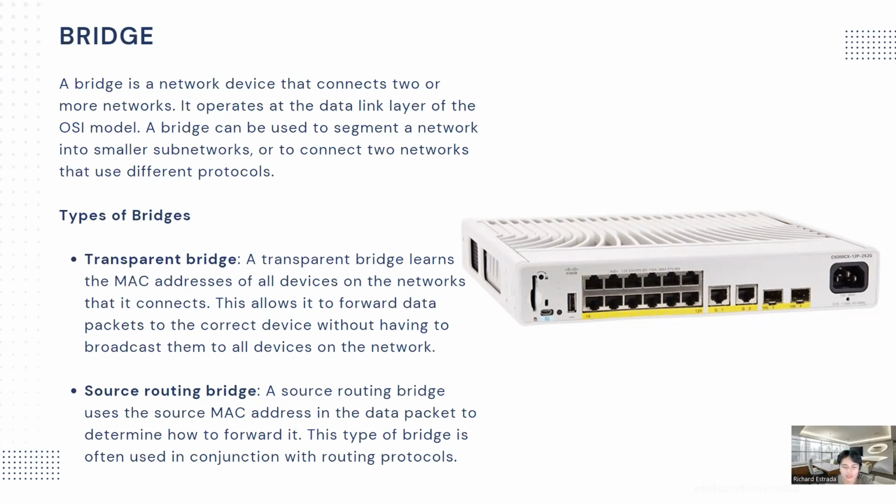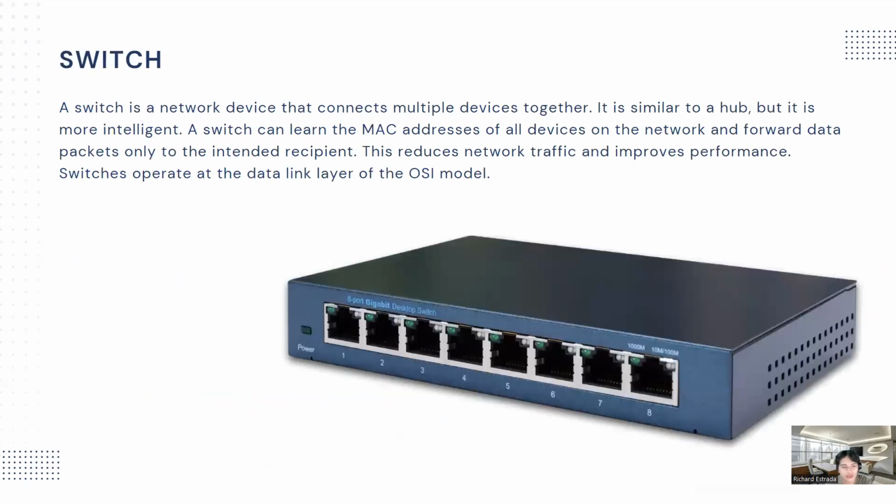And this type of bridge is often used in conjunction with routing protocols. So we'll not go deeper on the configuration, etc. Just get the idea lang what a bridge is all about. So again, it helps our devices to connect, and it operates on the data link layer.